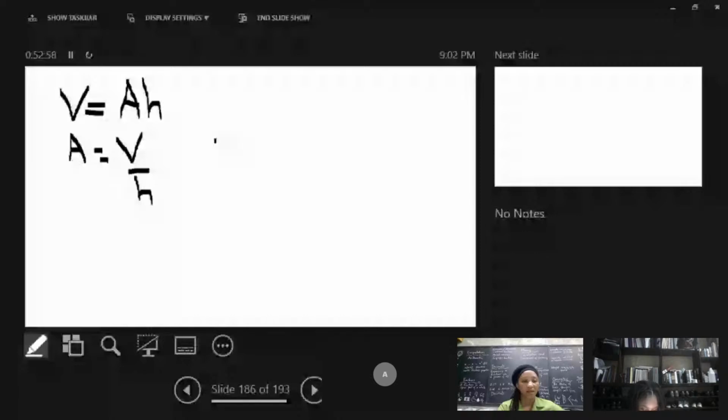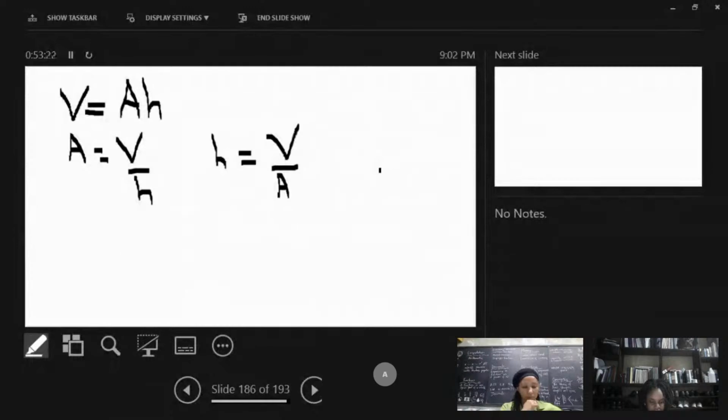If we want the height, divide the volume by the area. That makes sense? Yes. Naturally, to get the volume, we multiply the area times the height, so it makes sense to divide the volume by the area to get the height.